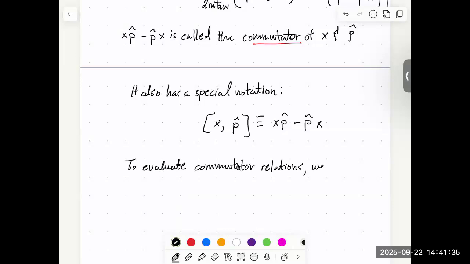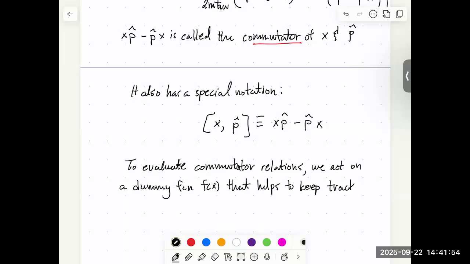We act on a dummy function f of x that helps us to keep track of how the operator acts.